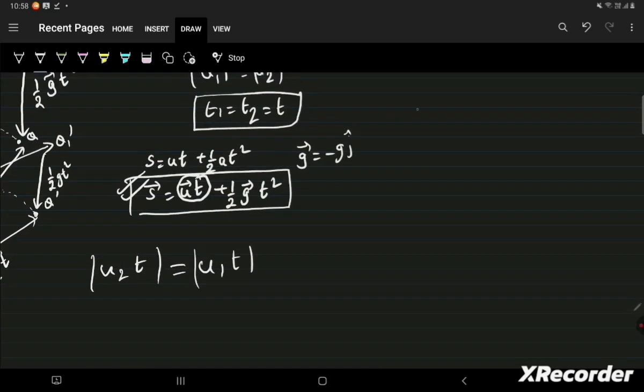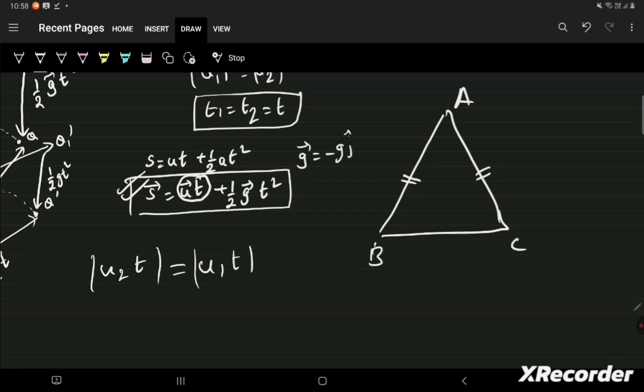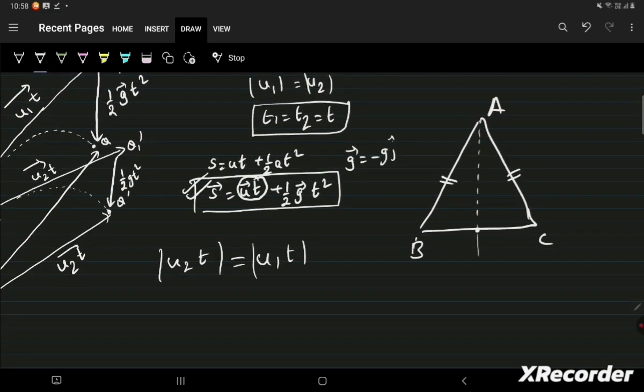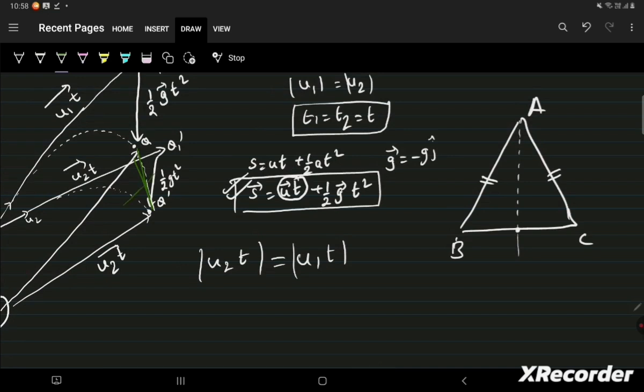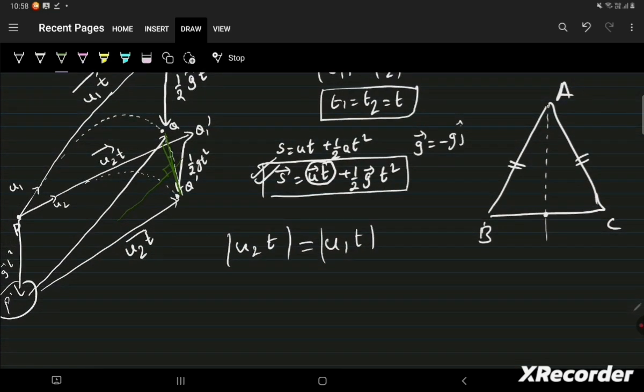We know that in any isosceles triangle, suppose ABC, where AB is equal to AC, if we draw a perpendicular bisector of BC, it will pass through vertex A. Thus, if we draw a perpendicular bisector of Q Q dash, which I am showing in green color, it will meet at point P dash.